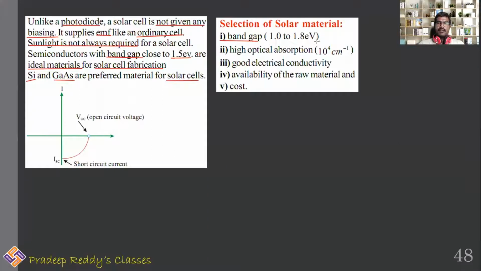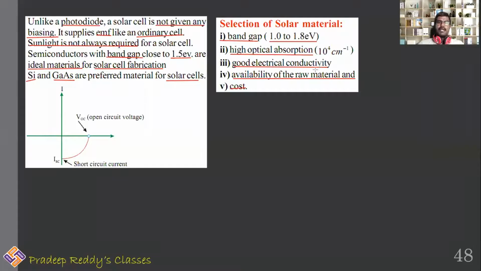Its range should be 1 electron volt to 1.8 electron volt. These should have high optical absorption, that means they absorb light energy, so they are selected as solar materials. These semiconductors should also have good electrical conductivity, be available as raw material, and be cost effective. These are all important things to keep in mind in order to construct a solar material.